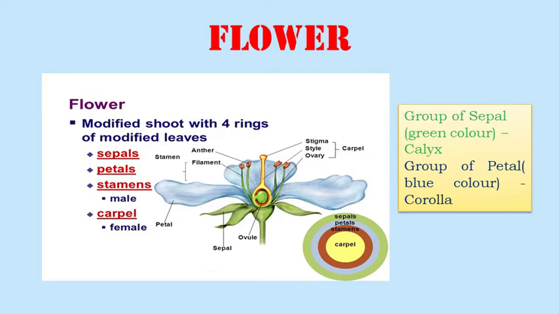So you just relate this circle with the diagram. In the flower, what is the outer part in the diagram? That is the sepal, right? So in this circle also the outer part is the sepals, and it is given as green in color. Then the next in the diagram is the petals, right? So the second outer layer of the circle is petals, which is blue in color.